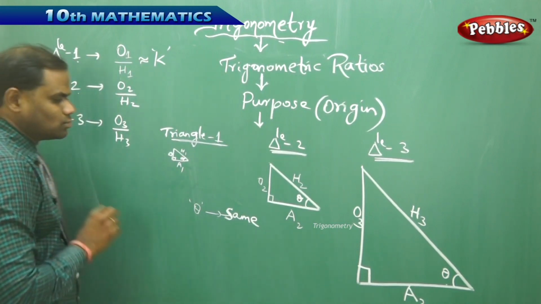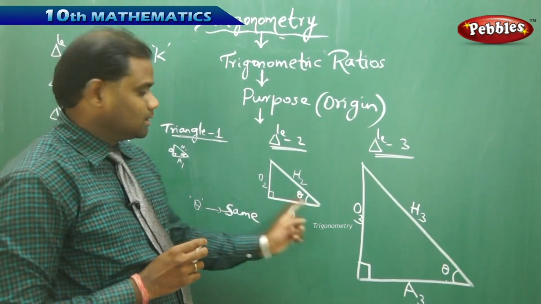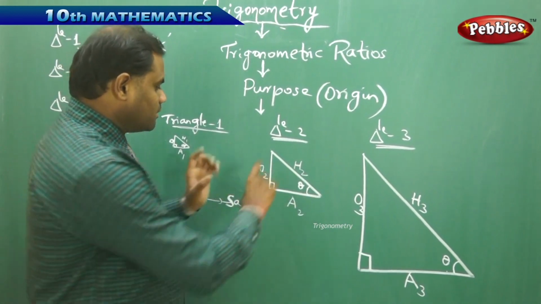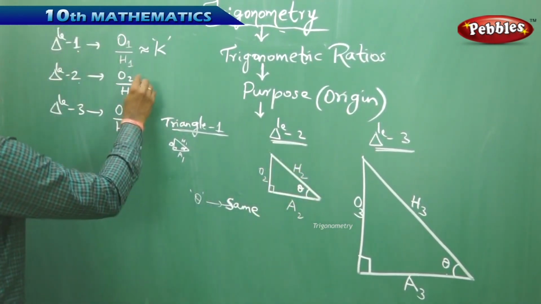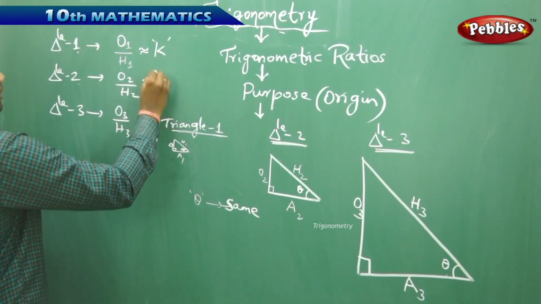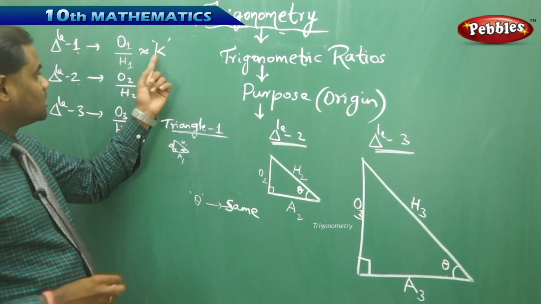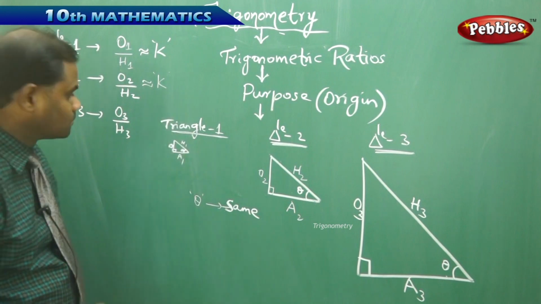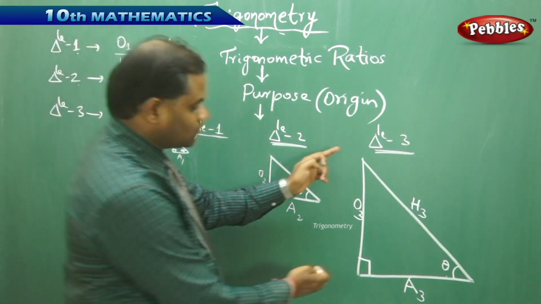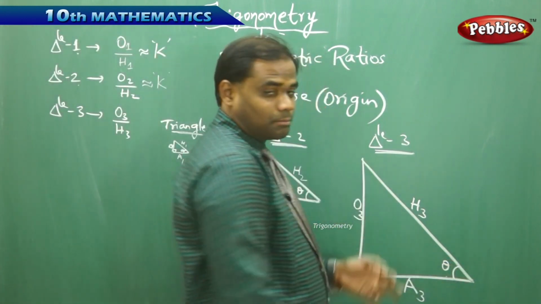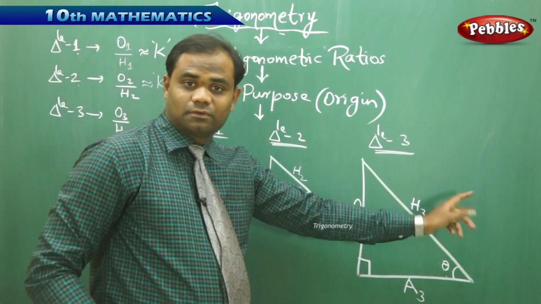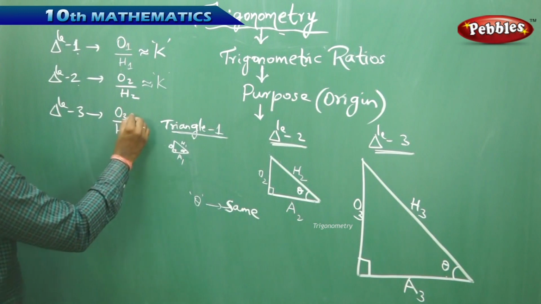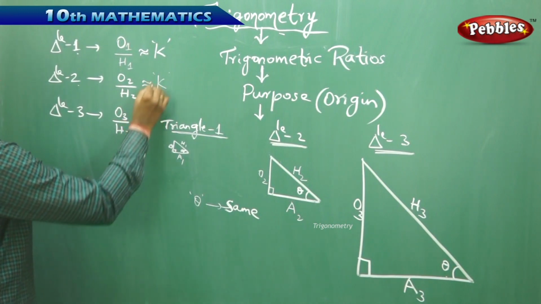Similarly, for triangle 2, with the same angle theta, O2 divided with H2 has given a similar approximate value of k. It gave the same k as obtained in triangle 1. Further, the third triangle, with approximately the same angle theta, this dimension divided by this dimension also gave an approximate value of k.